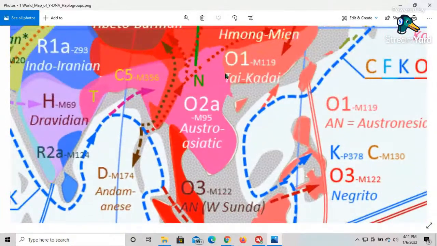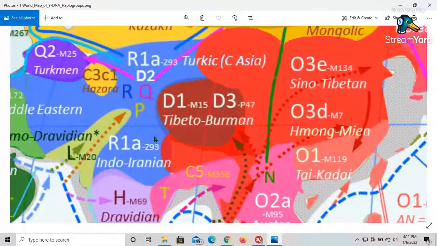Now they try to explain the migrations and this and that and the other thing, but they're having a hard time understanding this stuff, especially when they're finding Denisovans.